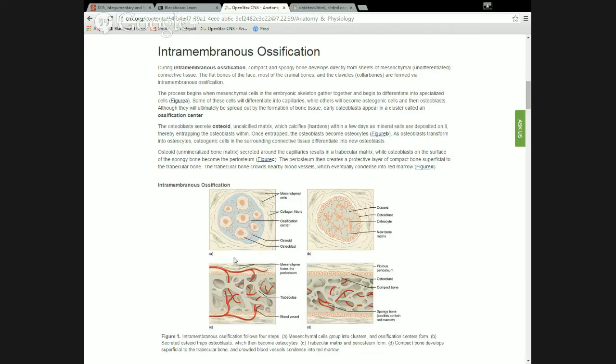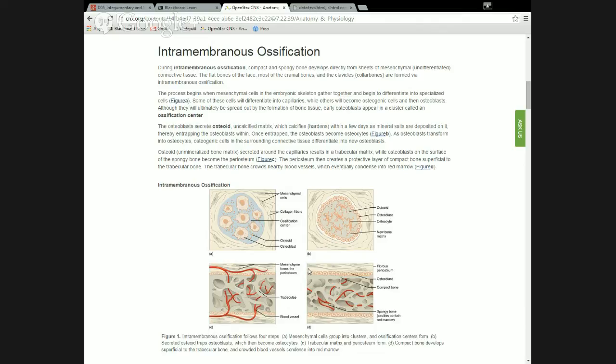This gives a basic idea of how the process works. Somewhere in the mesenchyme, some of the cells become osteoblasts, which lay down bone matrix, and the bone matrix spreads and becomes spongy bone. Blood vessels are growing through it, and we don't see it in this picture, but red bone marrow develops within that.